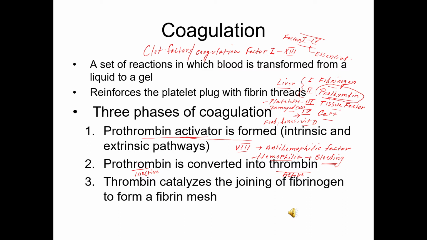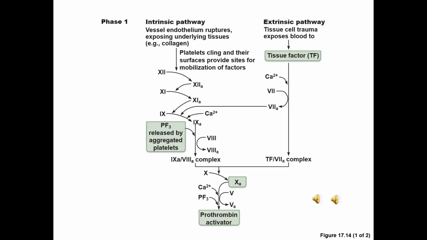So first prothrombin activator is formed, then prothrombin activator converts inactive prothrombin to active thrombin. Then thrombin will act on factor number 1, fibrinogen, and convert it to fibrin thread. You remember I said fibrin threads get attached to each other to form a fibrin mesh that covers the clot, the platelet plug, and stabilizes it.